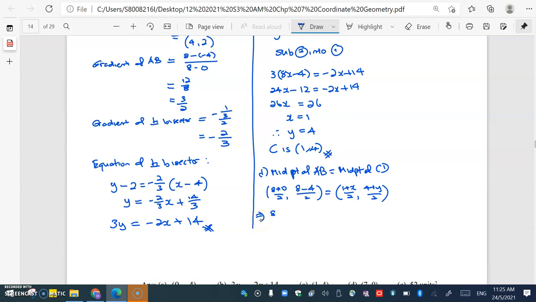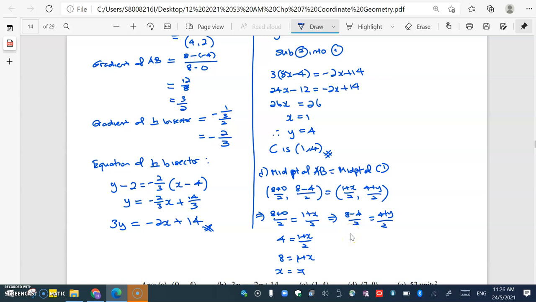Draw my conclusion. I know 8 plus 0 over 2 is equal to 1 plus x over 2. That leaves me with 4 equals 1 plus x over 2. That's 8 equals 1 plus x. Therefore, x is equal to 7. Another conclusion I can draw is that 8 minus 4 over 2 is equal to 4 plus y over 2.